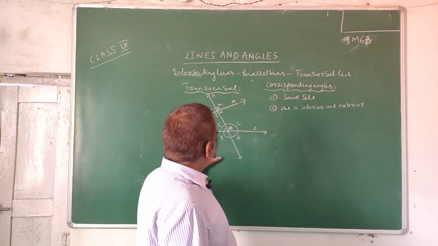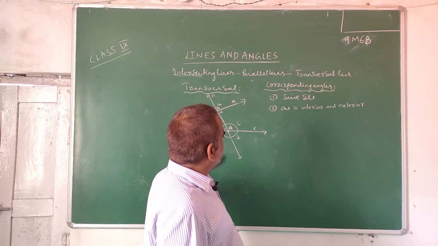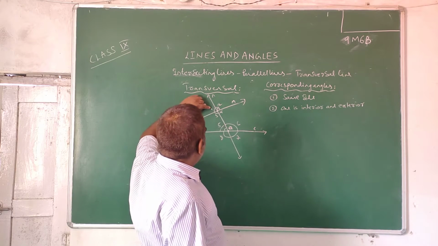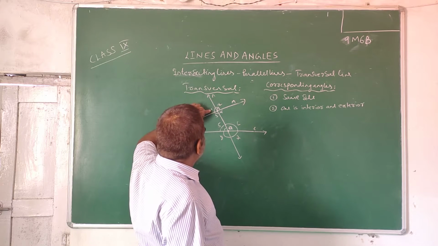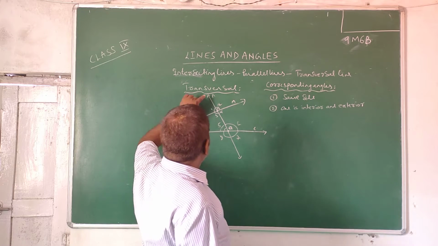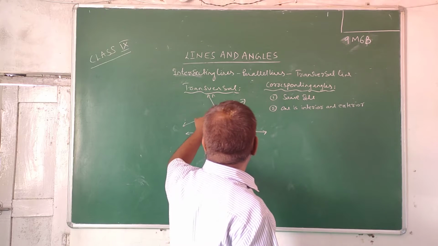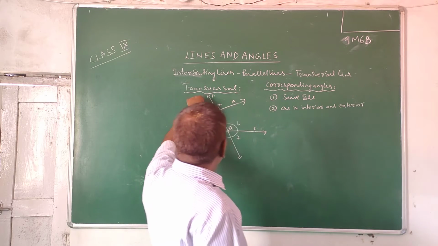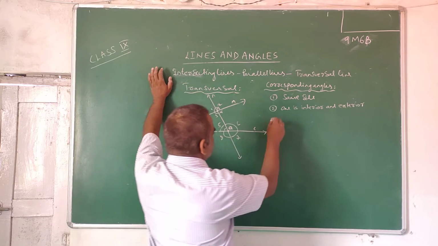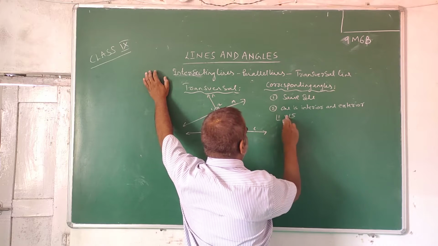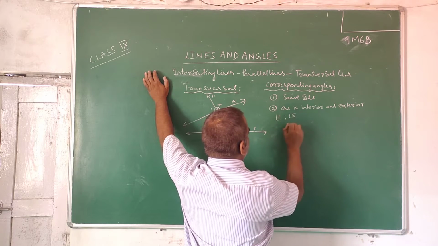So here let us check what those pairs of corresponding angles are. Angle 1, angle 5, you can see they are on the same side, and angle 5 is interior, angle 1 is exterior. So angle 1, angle 5 is one pair of corresponding angles.